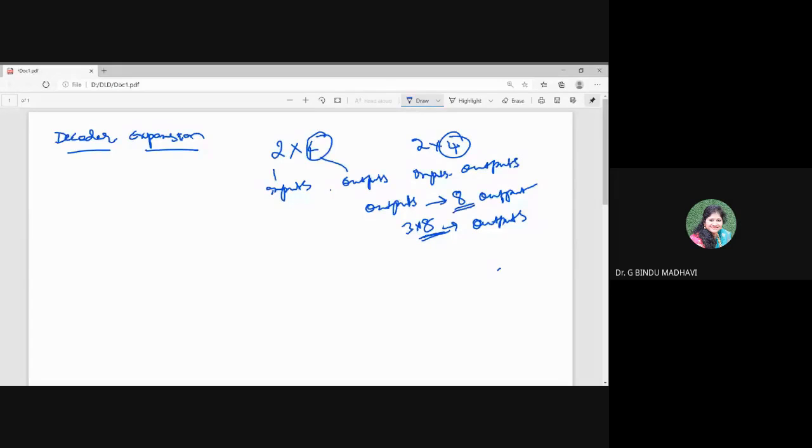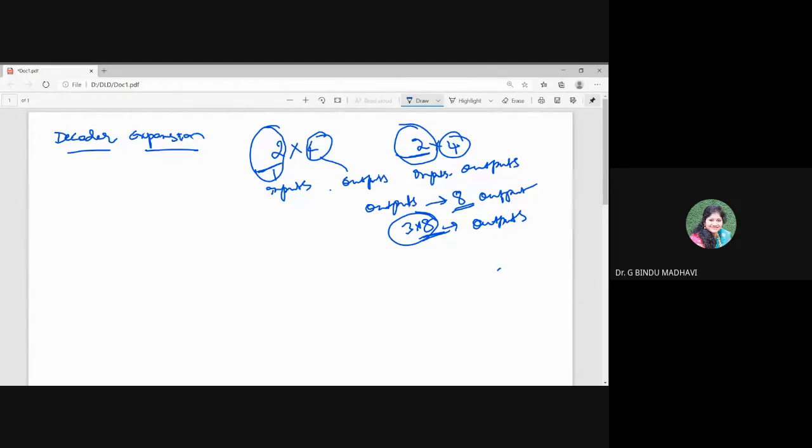So to get the 8 outputs, we are going to discuss how to connect these two inputs and these two inputs. For 3 by 8, how many inputs are there? Three. But coming to here, 2 plus 2, 4. Right?